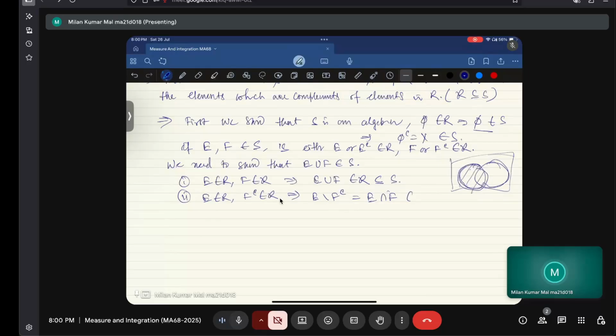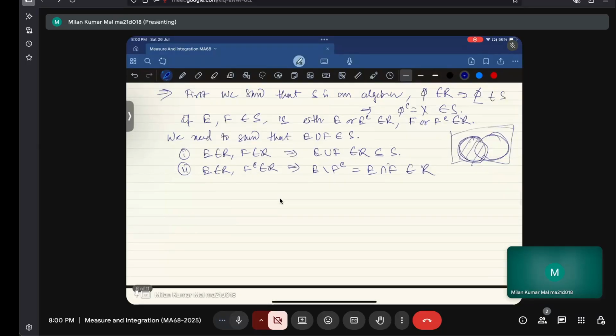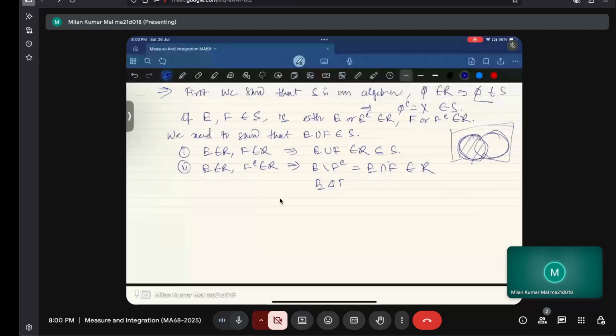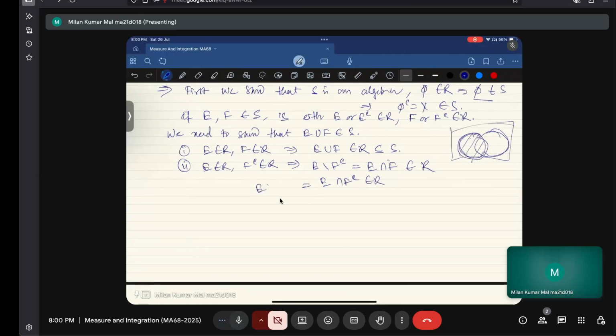So it will belong to R, as will the symmetric difference of these two. E intersection F complementary is there, but that is equal to E minus F.